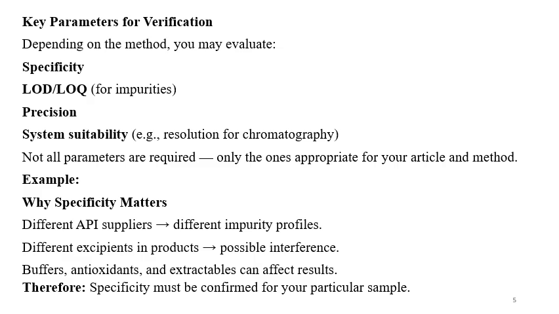That's why specificity matters a lot. Different excipients in the products will give different interference, and different degradation products may be formed because of the different excipients. Buffers, antioxidants and extractables can affect the results, and therefore specificity must be confirmed for your particular sample.